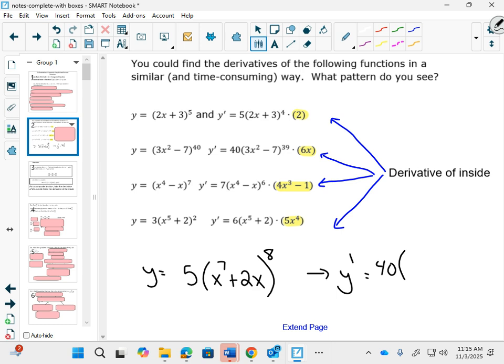You keep the inside the same, and subtract 1 from the exponent, giving me a 7 there. That would be a simple power rule. So the chain rule says, do the derivative of the outside while keeping the inside function the same. And then when you're done, multiply by the derivative of your inside function.